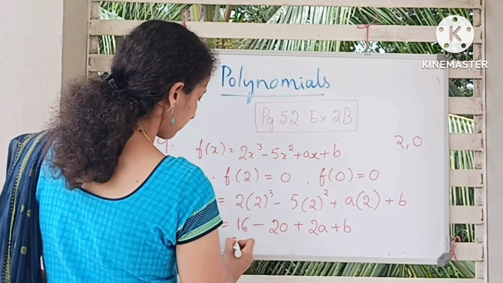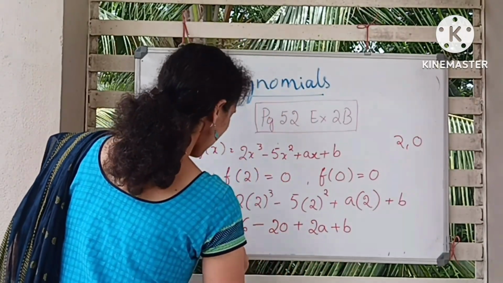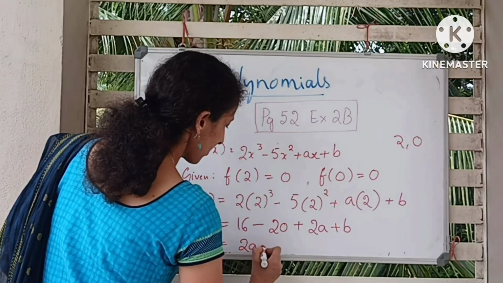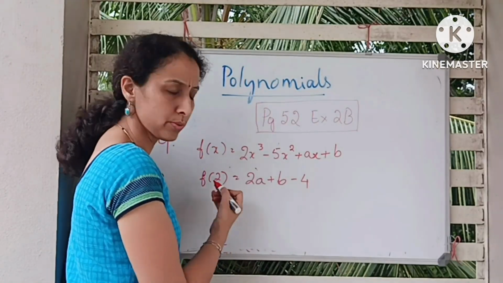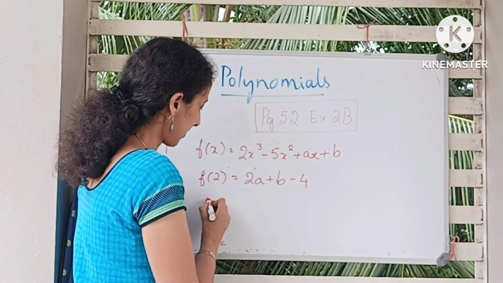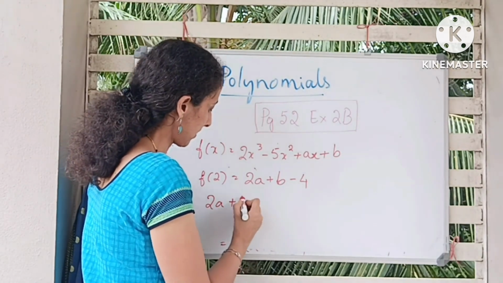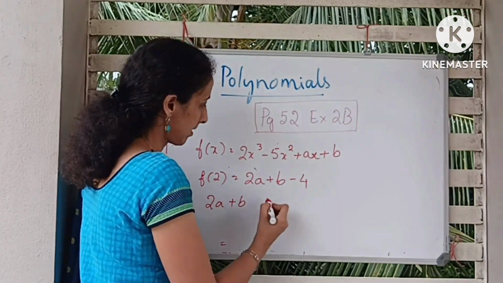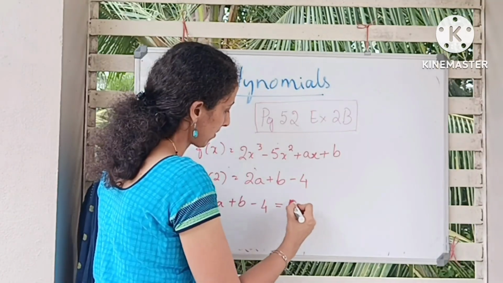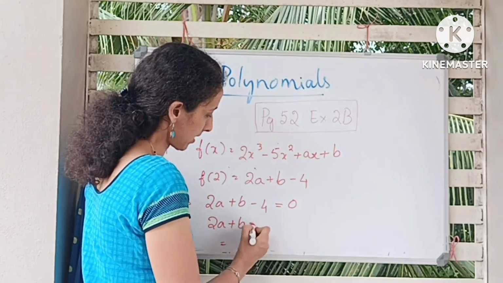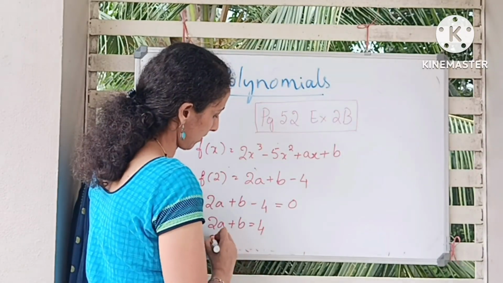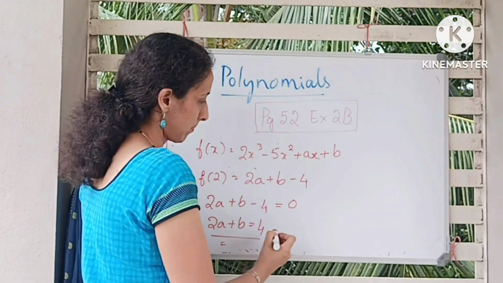This becomes 2a plus b minus 4. Since f of 2 is 0, we see that 2a plus b minus 4 equal to 0. We can say 2a plus b equal to 0 plus 4, that is 4. Let it be here for now.